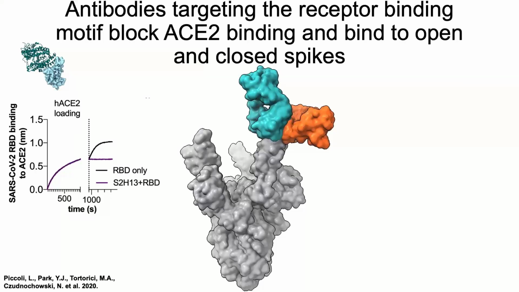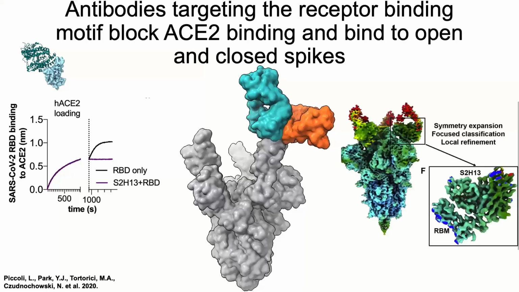And just to go into a little bit of the structural characterization details, we were able to do some focused classification and symmetry and refinement to really look at the antibody RBD interface, which is the most important for picking out how this antibody is interacting with the receptor binding domain. And through this, we were able to really improve the structure and build into this map.